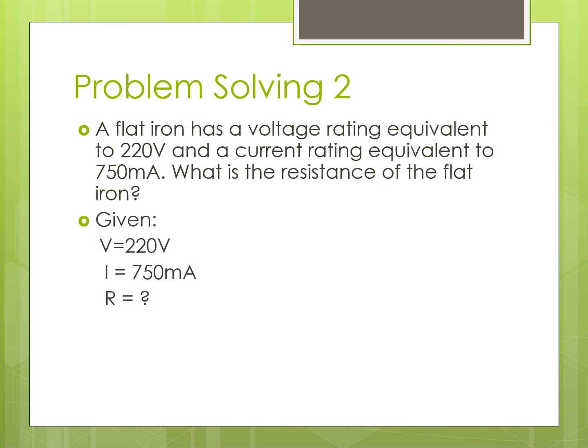Voltage is equivalent to 220 volts, current is equivalent to 750 milliamperes, and missing is our resistance. Since 1000 milliamperes is equivalent to 1 ampere, therefore 750 milliamperes is equivalent to 0.75 ampere.